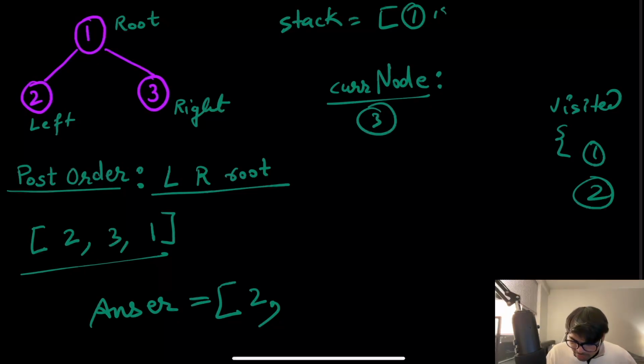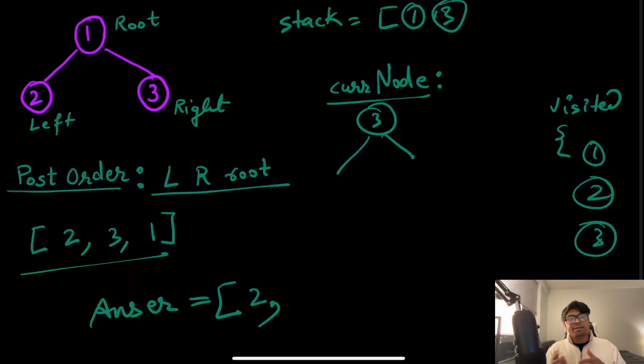Processing means adding it to our stack, adding it to our visited set, and then adding its left and right. First we'll add right and then left, because we're popping from the back, so that we visit them in the right order, which is left, right, and root.